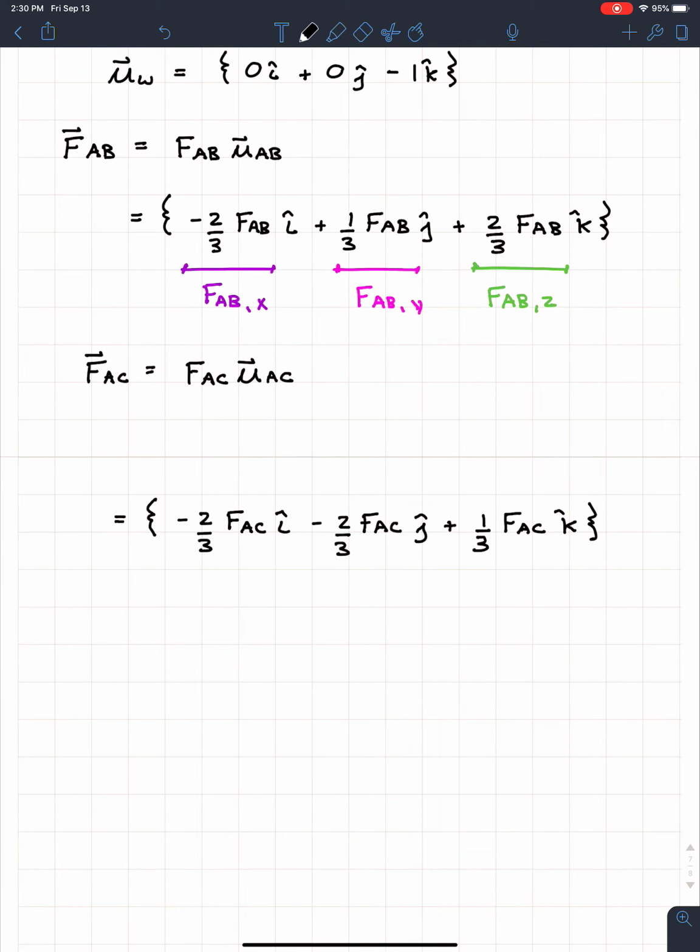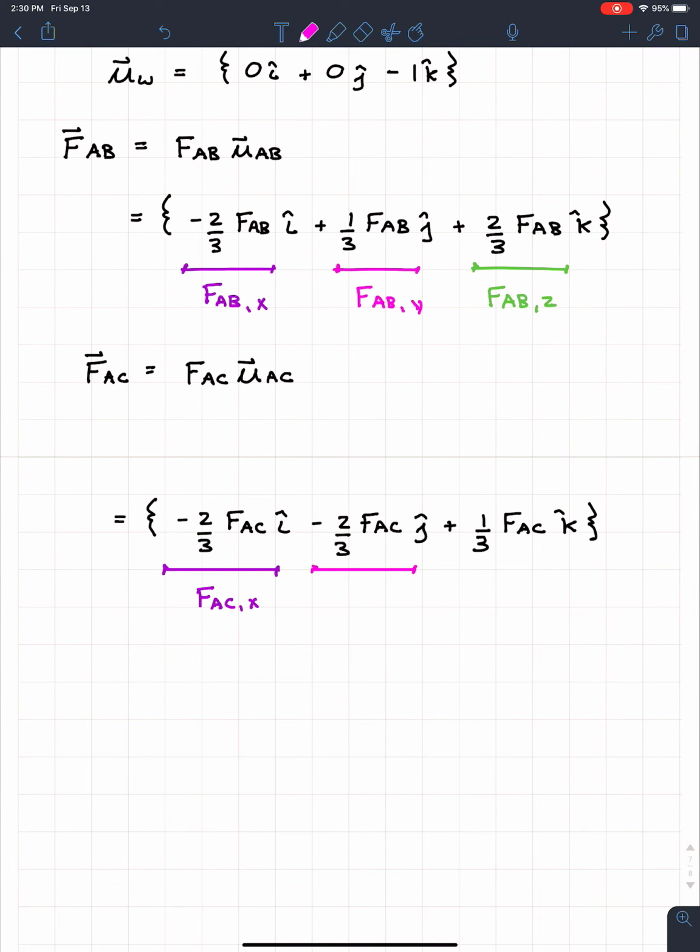Again, I'm just going to highlight these real quick, so when we add the vectors later, you guys will know exactly where to get these values from. It's going to be FAC, comma x. The next color, what was it? Pink. Highlight this real quick.